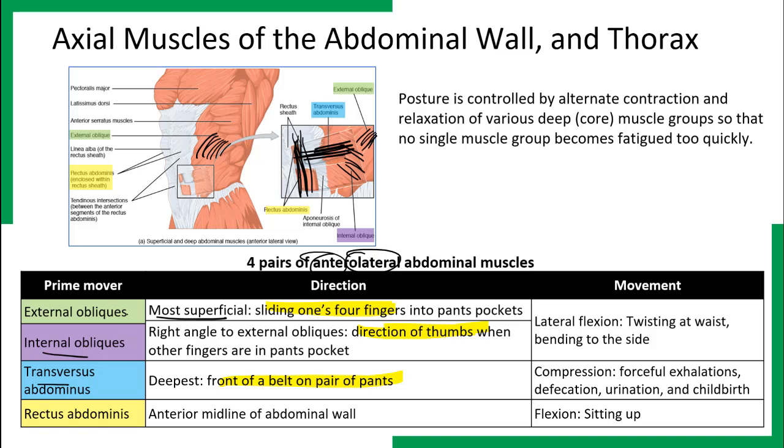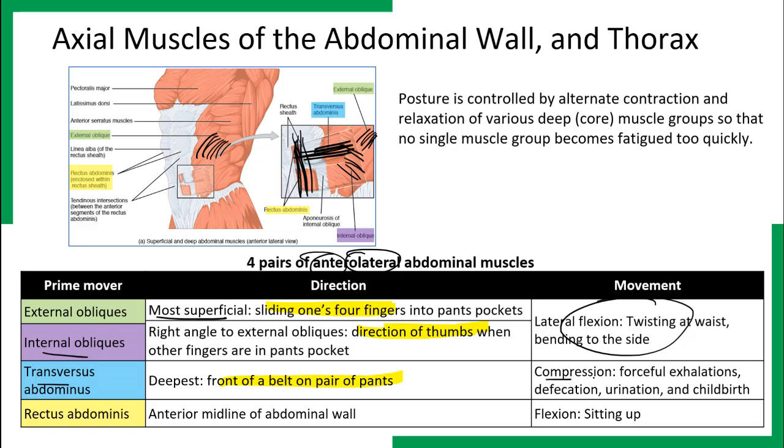So you've got these four muscles, you've got the direction that each follows, and then you've got over here what happens when those muscles are contracted, what action it actually leads to. So again, if you contract your external and internal obliques, then you can twist at the waist, you can bend to the side.